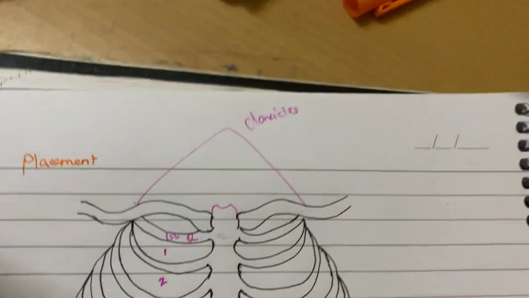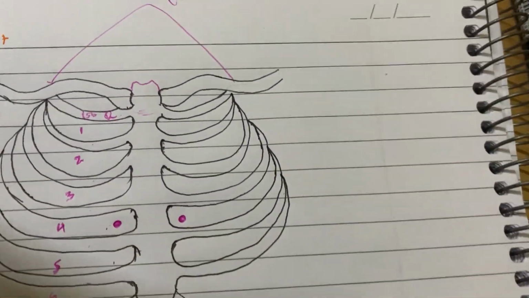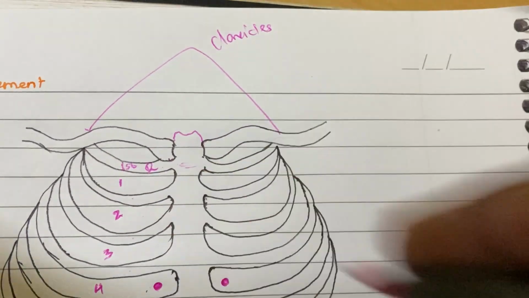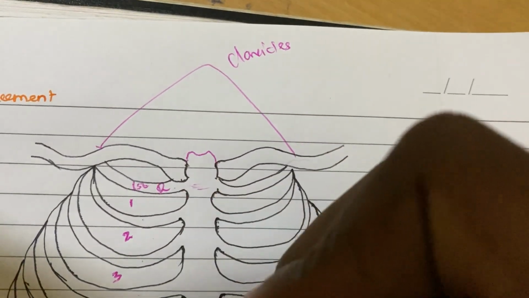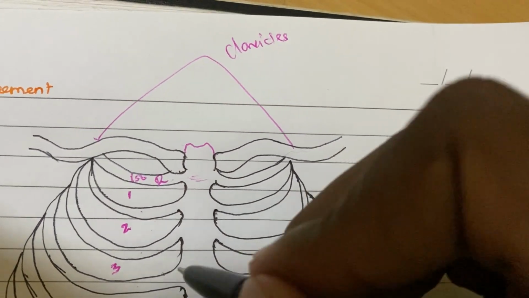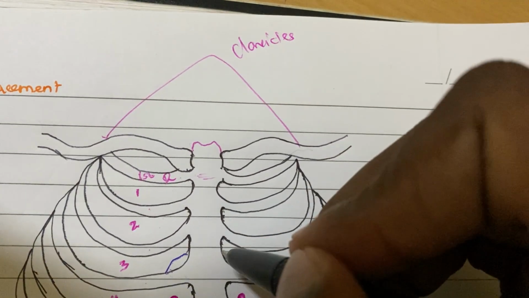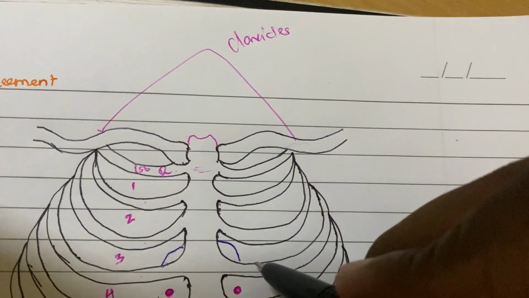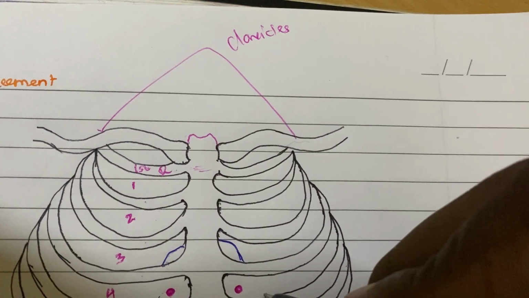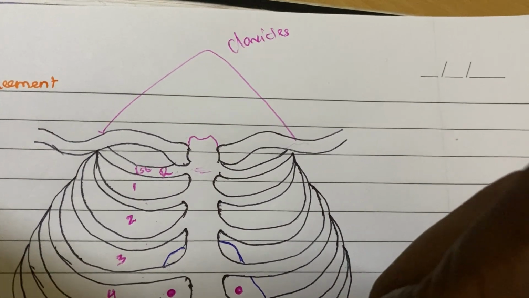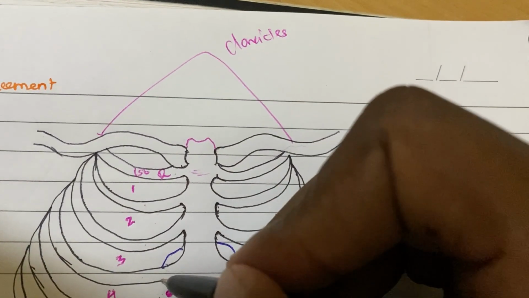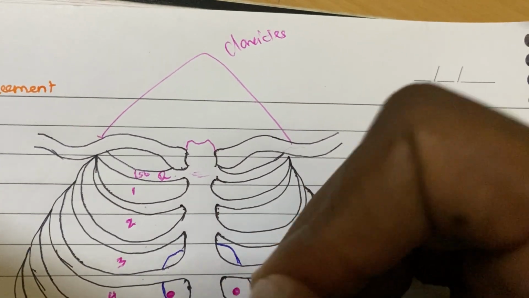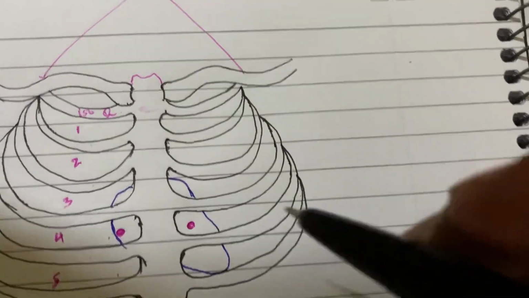So for V1, if we try to put in the heart here, our simple heart, that is our heart in blue.